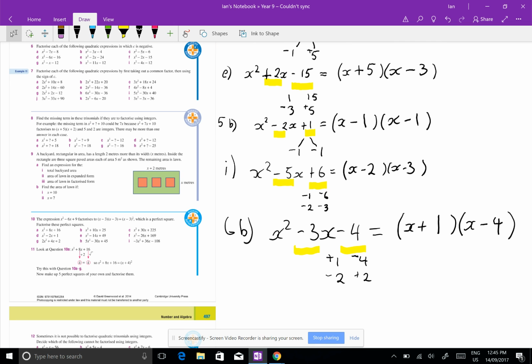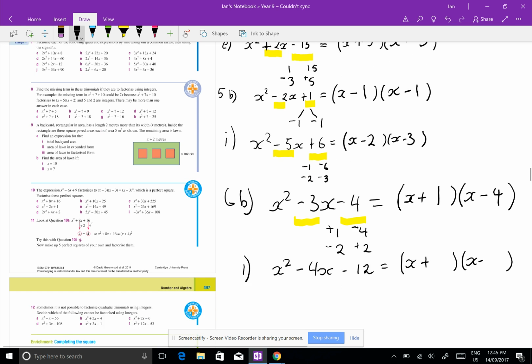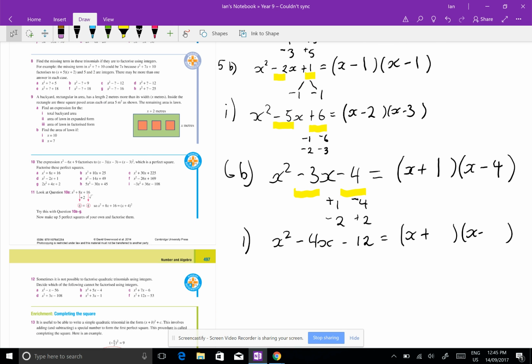And I'll have a go at 6i and then see if you can do the rest by yourself. X squared minus 4x minus 12 equals, well, x plus something, x minus something, because I've got a negative sign in there, and I have to get a sum of -4. Well, let's look. I can have 1 and 12, and they're not going to add up to 4.